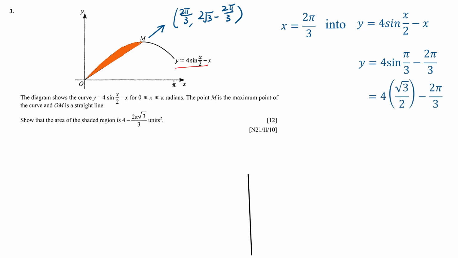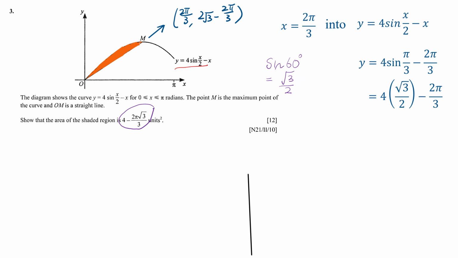And if you look at what you're supposed to show, you are supposed to leave your answer as an exact value. So for sine pi over 3, at 60 degrees is a special angle. Therefore, you have to leave it as square root 3 over 2. So this is the y-coordinate for point M.